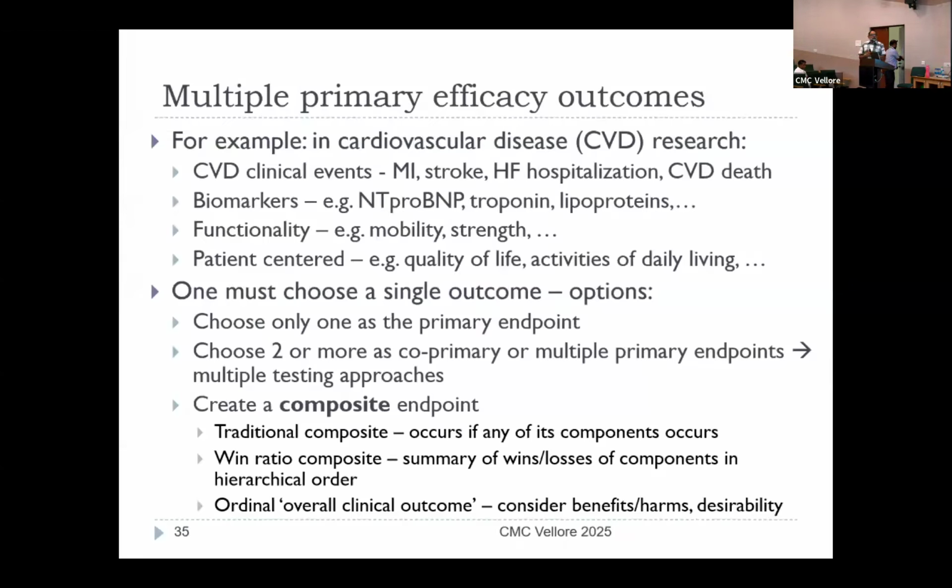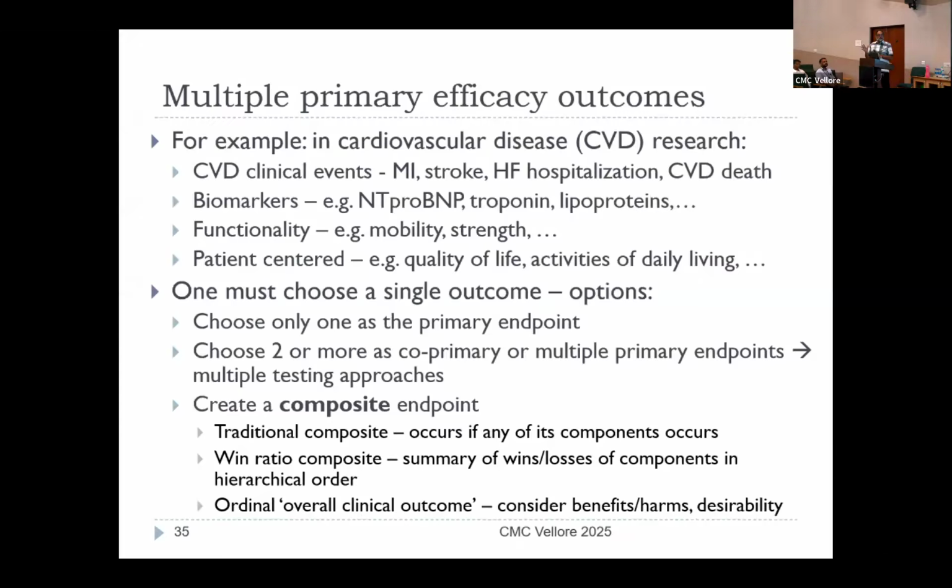Or we could be looking at patient-centered outcomes related to coronary heart disease, quality of life, able to function and do activities of daily living. But you are forced to choose one as the primary. You can still have the other ones, but you still are forced to choose one as the primary.